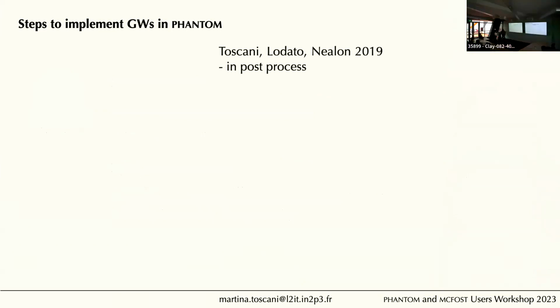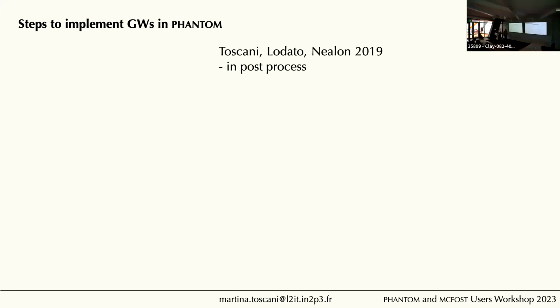Okay, so what we did, let me start by saying that a first attempt at using Phantom to calculate gravitational wave emission was already done in 2019 by me, Rebecca Nealon, and Giuseppe Lodato. In this case, we were interested in studying an unstable accretion disk that could potentially form after a tidal disruption event.